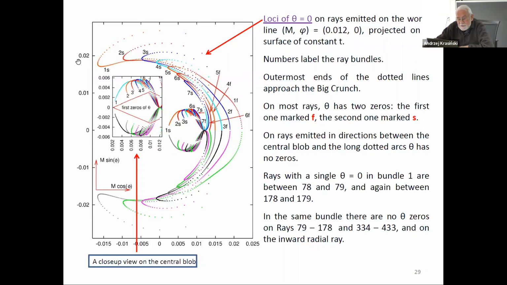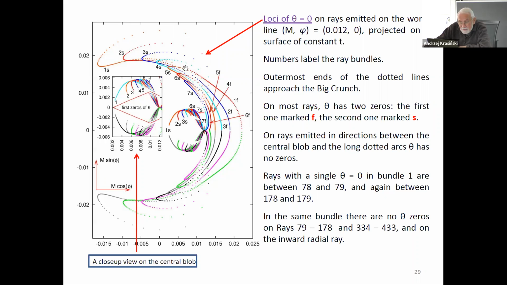So these are the locations of theta equal to 0 on rays emitted from this place here. It's a complicated picture, but on most rays, theta goes through 0 twice.